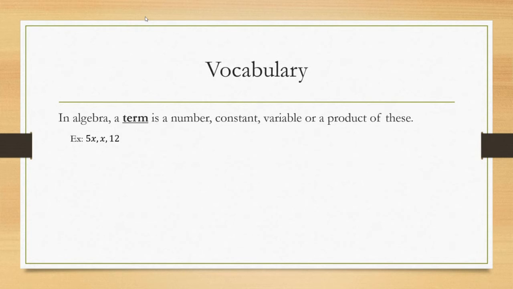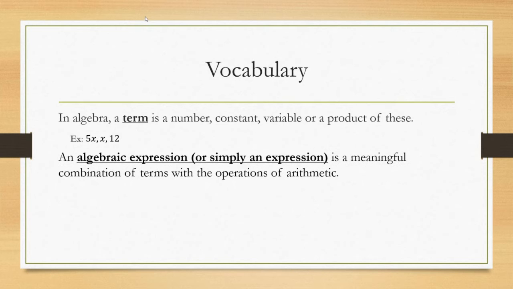All right, now, from terms, we can form what are called algebraic expressions, or they're just simply called expressions here. Basically, an algebraic expression is a meaningful combination of terms using the operations of arithmetic.